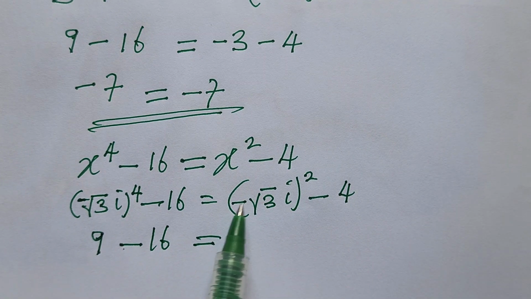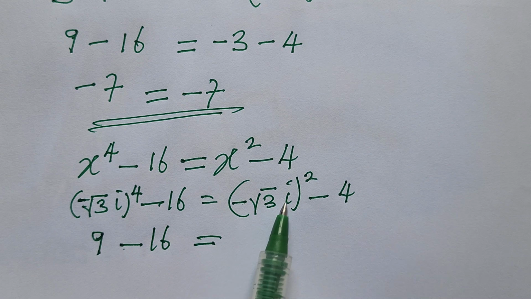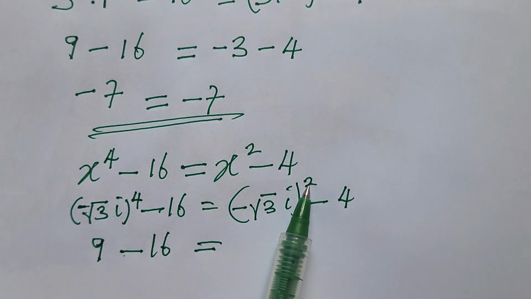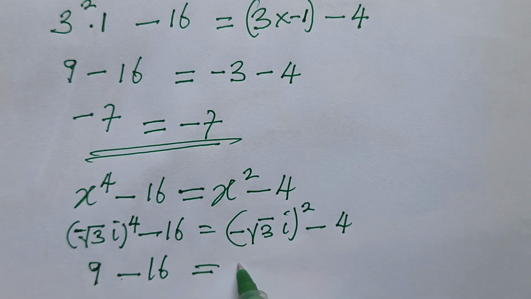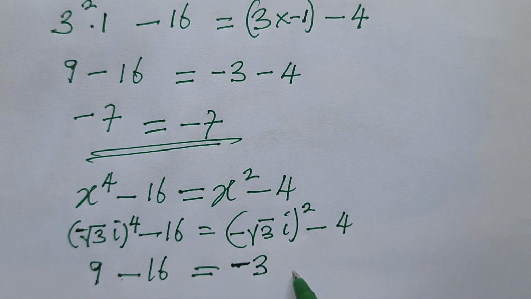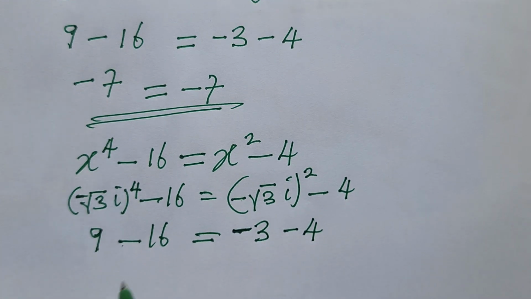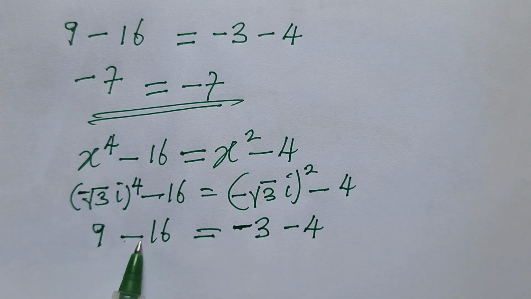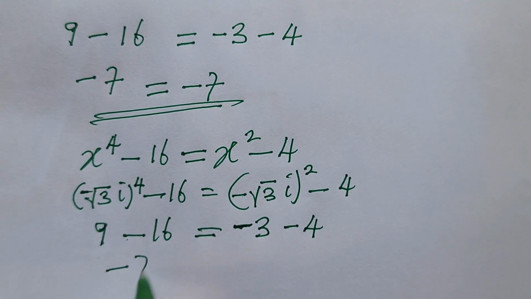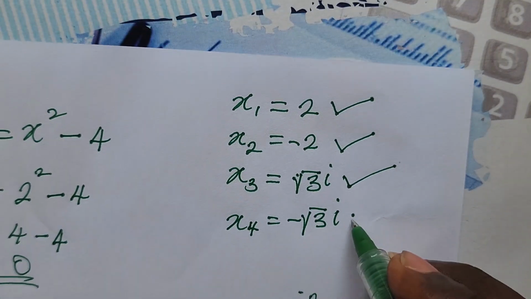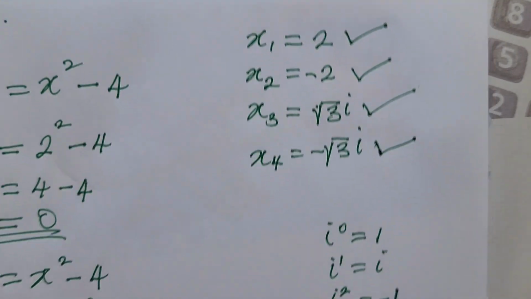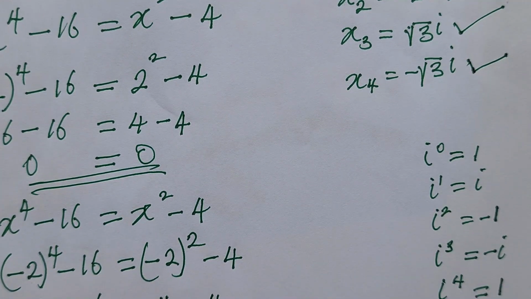Equal again, minus 1 to the power of 2 will give us positive, and square root of 3 iota to the power of 2, automatically we know that it will give us minus 3. So it's going to give us minus 3 minus 4, and 9 minus 16 will give us minus 7, equal to minus 7. So this shows again that the fourth root satisfies the original equation.